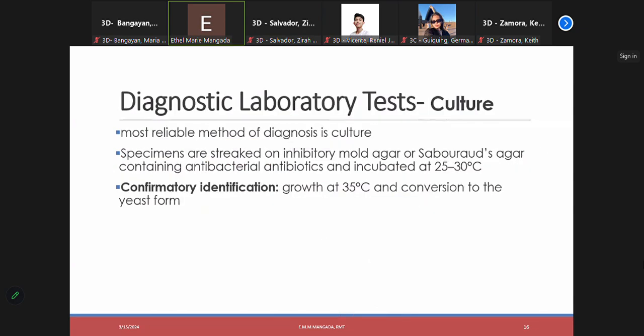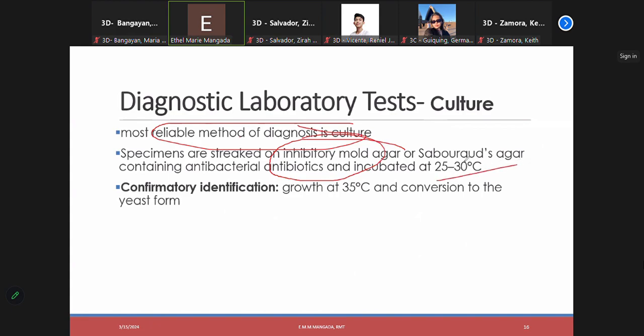Okay, so the most reliable method for the diagnosis of your sporotrichosis is, of course, culture. Okay, so we observe presence of that leathery consistency culture. And then we can also have it in inhibitory mold agar or in your SDA, incubated at 25 to 30 degrees Celsius.